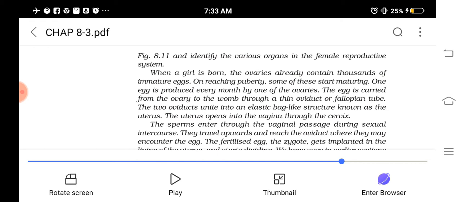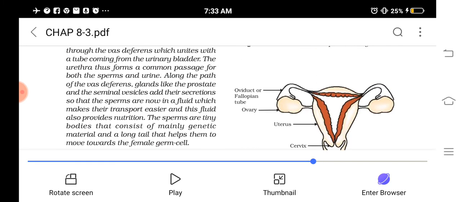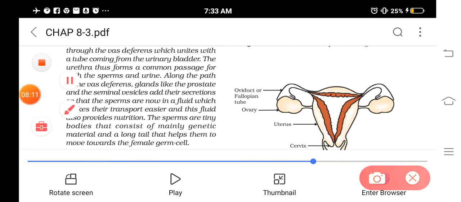Now the ovary is connected to the fallopian tube, or oviduct. Another name for oviduct is what? Fallopian tube. So this egg which is released from the ovary will be collected by the oviduct, and it will move down.